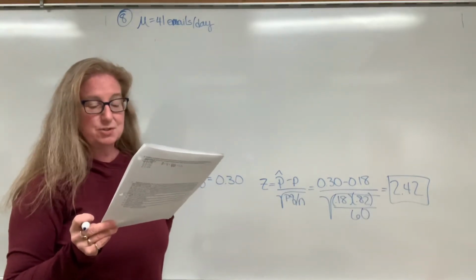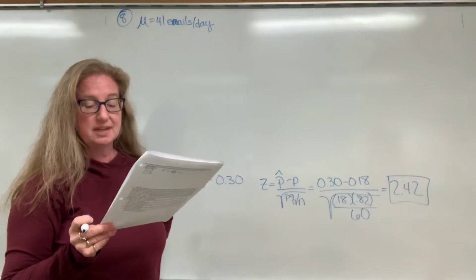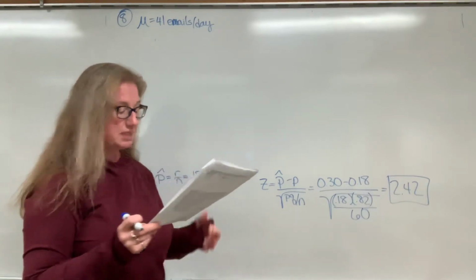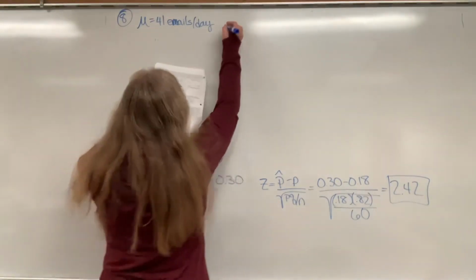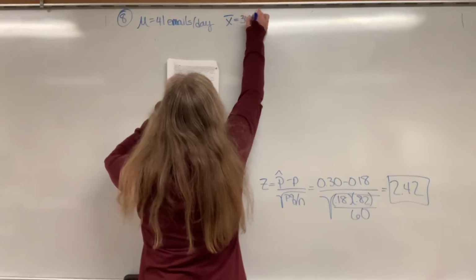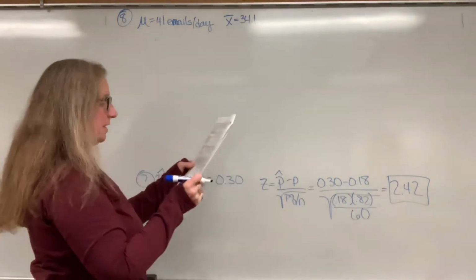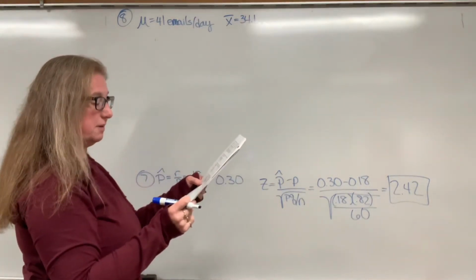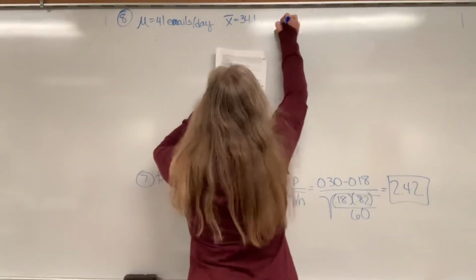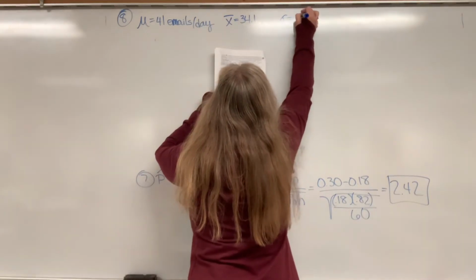One month after the new priority list was put into place, a random sample of 33 employees showed that they were receiving an average of X bar, this would be a sample, of 34.1 emails per day. The computer server through which these emails are routed showed that sigma equals 17.2.